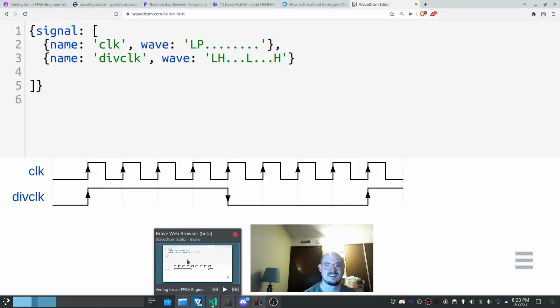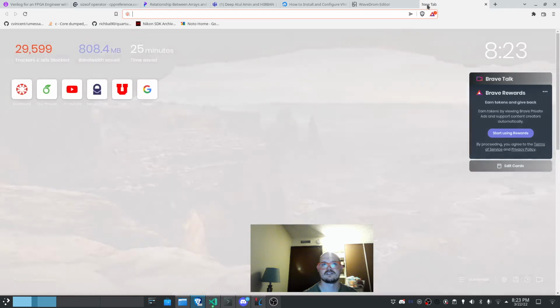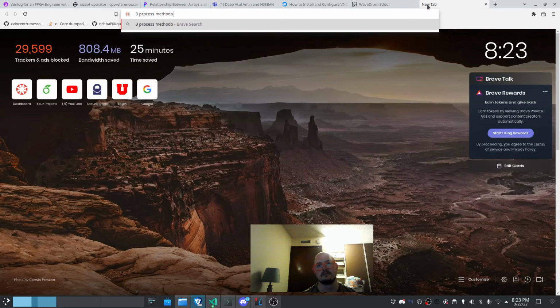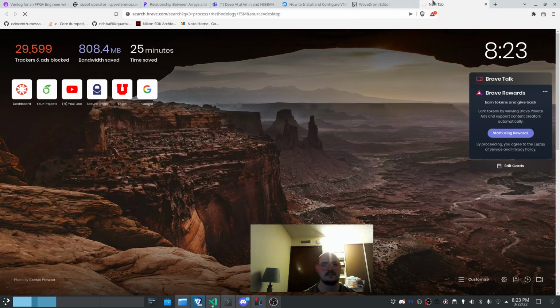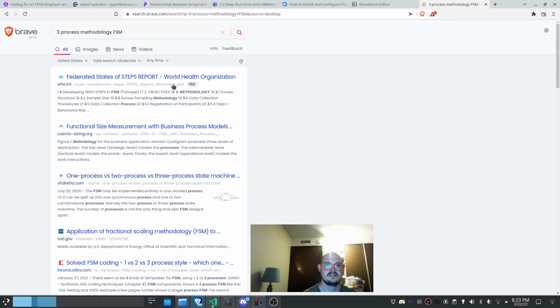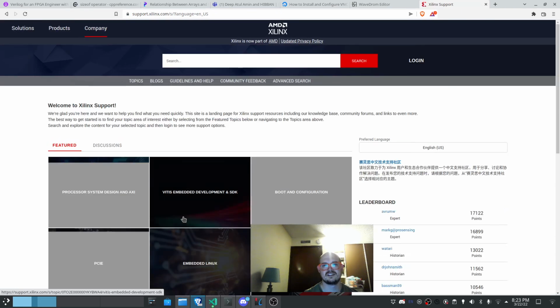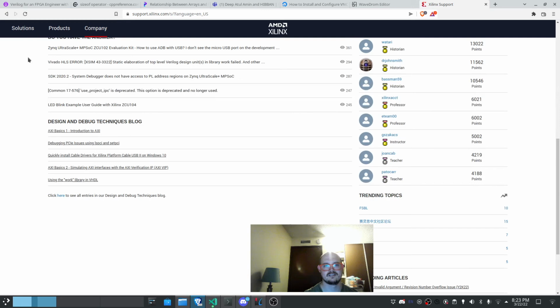I'm sure there's probably a detailed description if I just go to Google and take a look at 3-process methodology FSM. Right here, for example, 1 versus 2 versus 3 style. These are the different styles that there are.